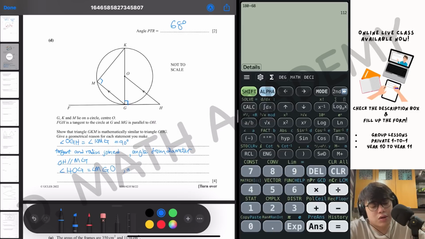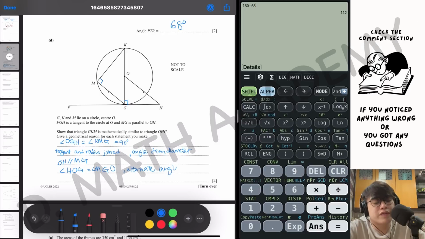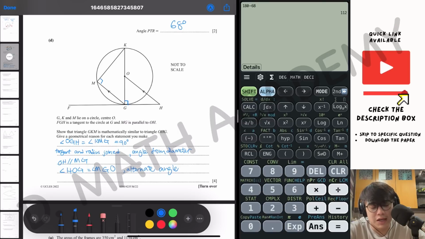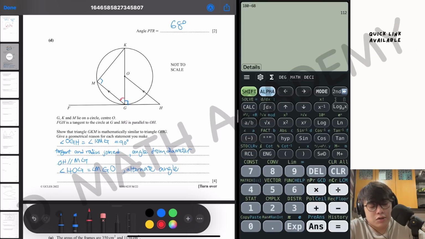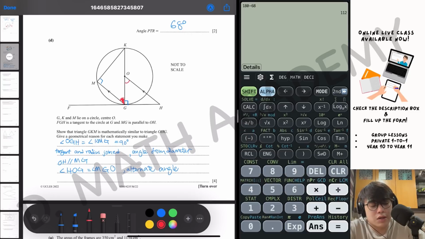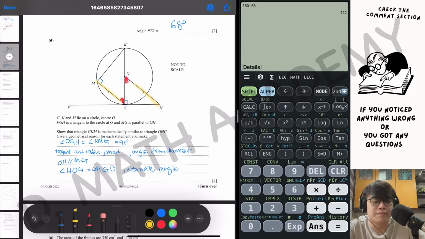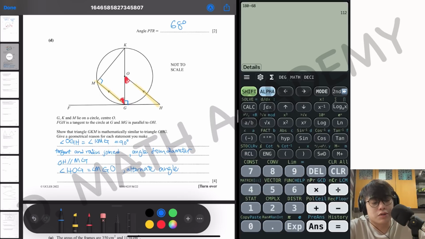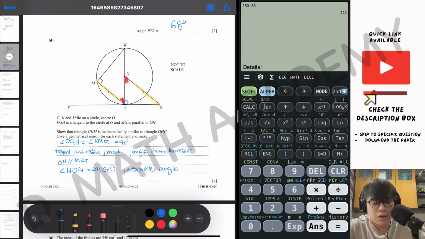This is your alternate angle. With this, it will fulfill the ASA condition, which lets you prove them as similar. These are the things that I pointed out for you guys to see. So these three things will help you to make geometrical reasons for this question.